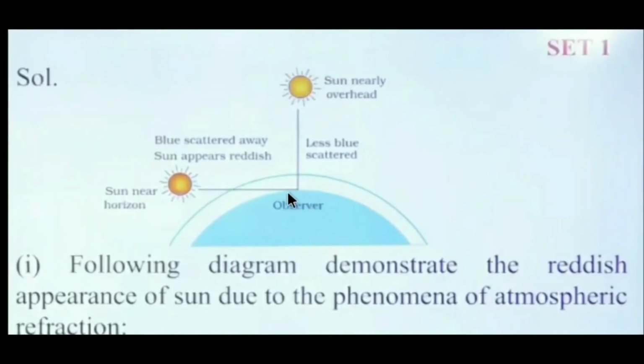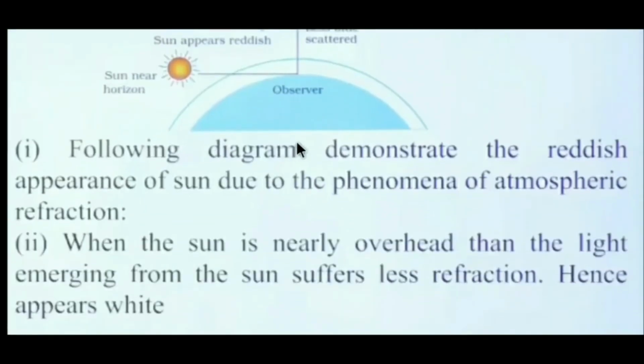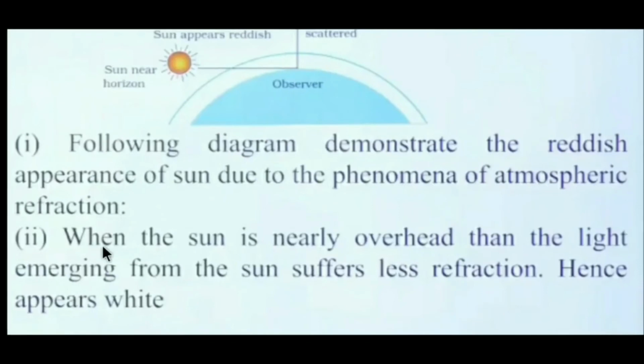Here is the place of the observer, and on the upper side, the sun nearly overhead, less blue scatter, and the sun near the horizon gives blue scatter away, so the sun appears reddish. The first diagram demonstrates the reddish appearance of the sun due to atmospheric refraction. When the sun is nearly overhead, the light emerging from the sun suffers less refraction, hence it appears white.